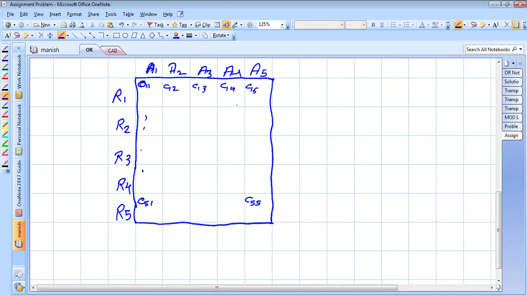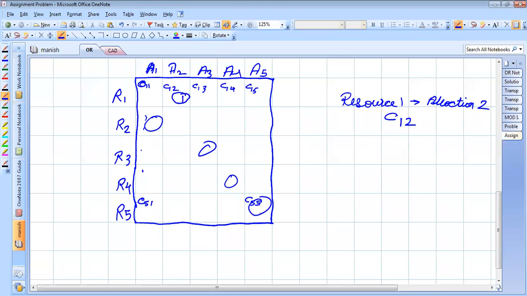Okay. The only thing is the allocations will be made in the unit of 1, indicating that R1 will be allocated to A2, that is resource 1 is allotted to allocation 2 having a cost C12. Similarly, if I make an allocation here, and here, indicating that R2 is allotted to A1 having cost C21.